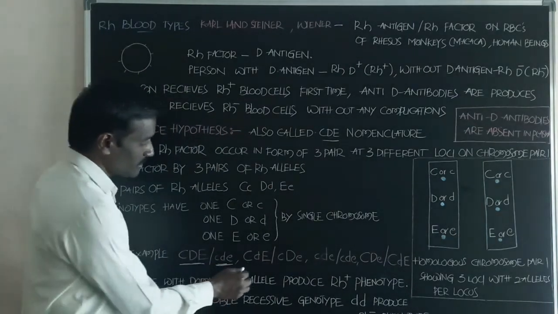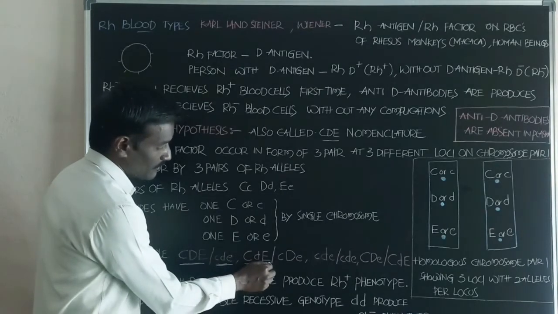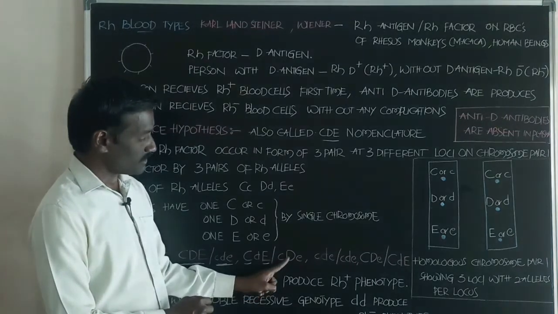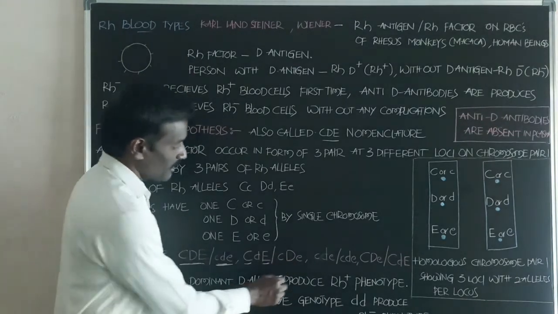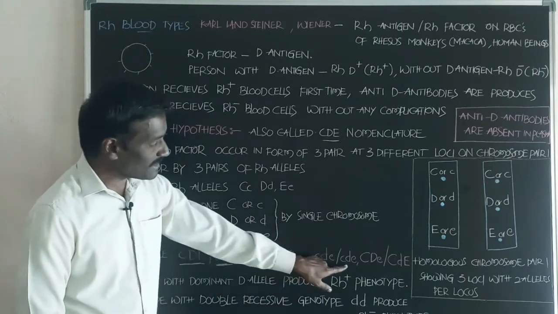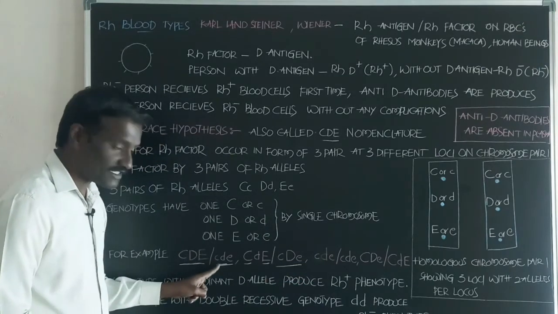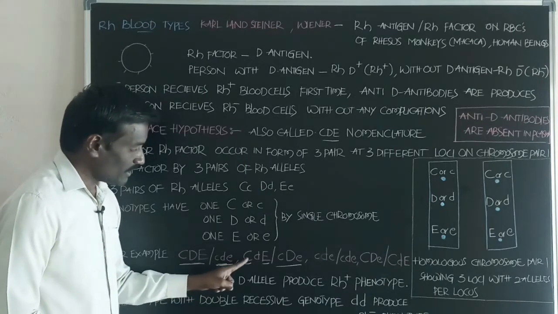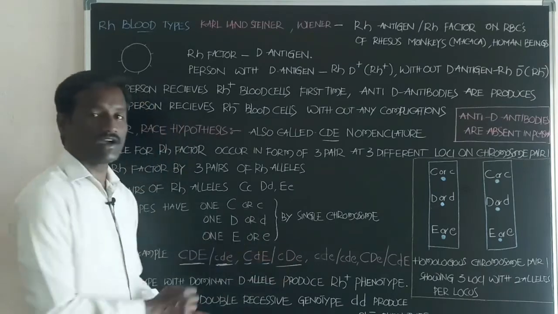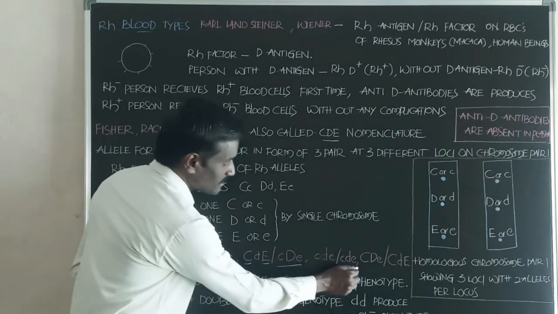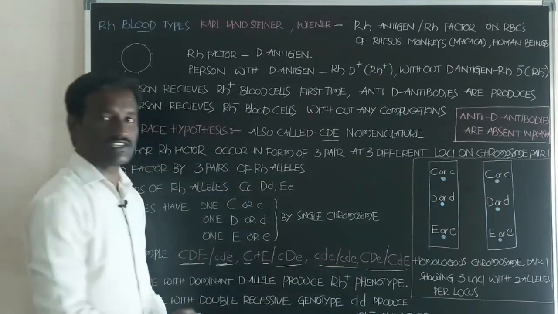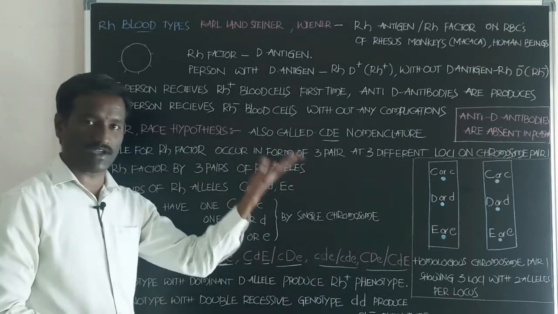Next, students, one capital C, capital E and small d may be received, and small c, capital D and small e. Like this combination is also received. Of these two, any one chromosome is received by the individual. This genotype is received by the individual from the parents.